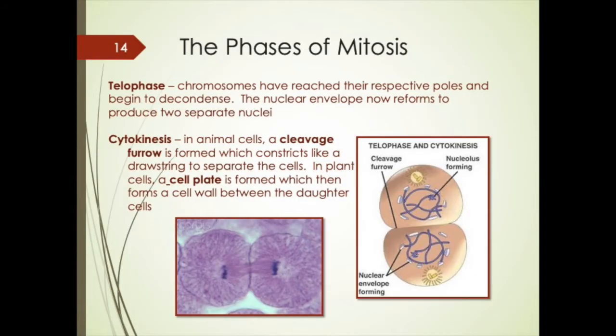And then we get into telophase. Telophase is when those daughter chromosomes have reached their respective poles and they begin to decondense. They begin to unravel. The nuclear envelope reforms with two separate polar nuclei.